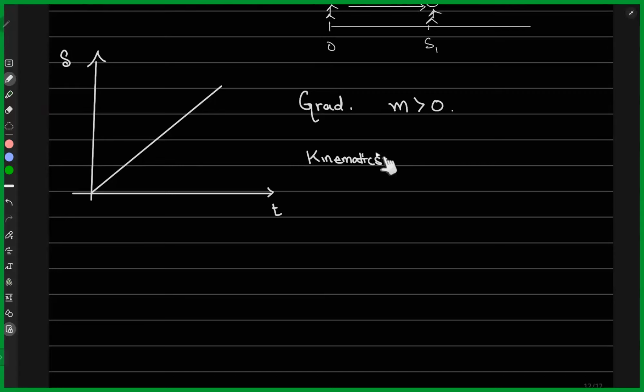At every point, the gradient is the same, which means that it is a constant. Kinematically, you can see the displacement is changing, so that means the object is moving. That's the definition of moving: change in displacement. The object is moving, but the change is the same at every point. I can pick any point on this graph and calculate the gradient, and I would get the same answer whether I pick this one and this one or this one and this one.